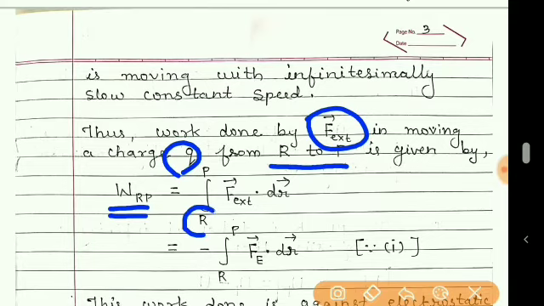Initially it was at R, so this is the initial limit of integration. Finally it is reaching point P, so this is the final position, and we know that the formula for the work is force into displacement, and it is a dot product of two vectors.